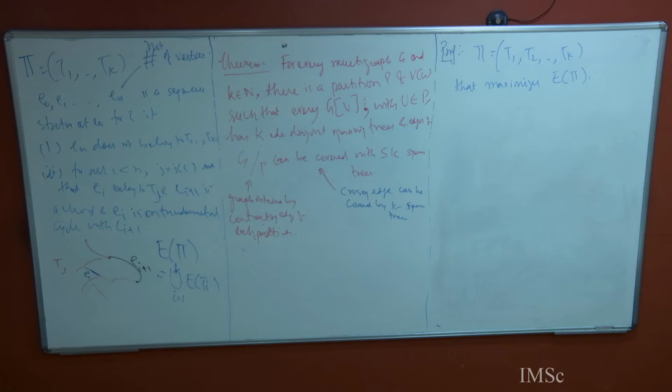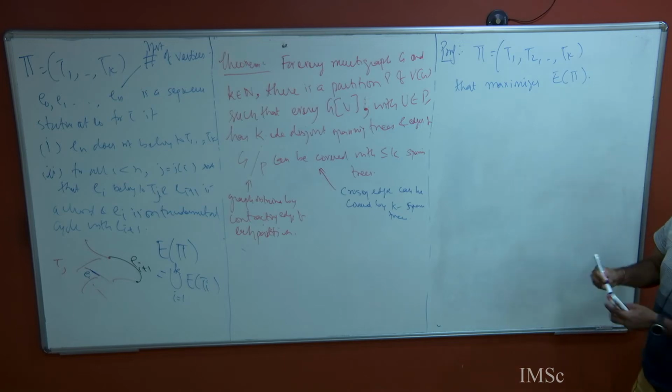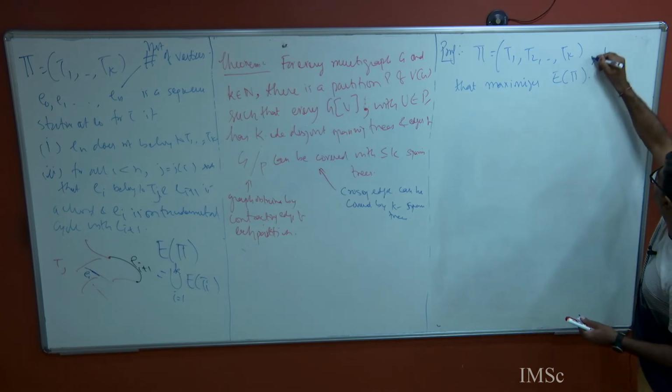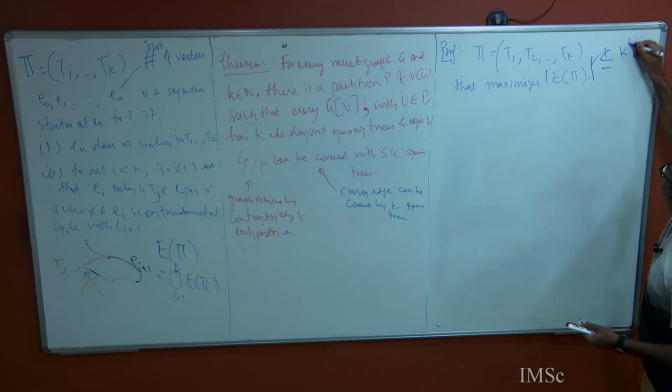If the graph had k edge-disjoint spanning trees, what would T1 to Tk be? They would be exactly those, because that is the tuple which maximizes the number of edges. The maximum possible size of the union is k times (|V(G)| minus 1).